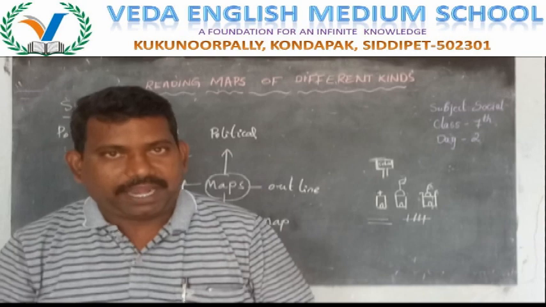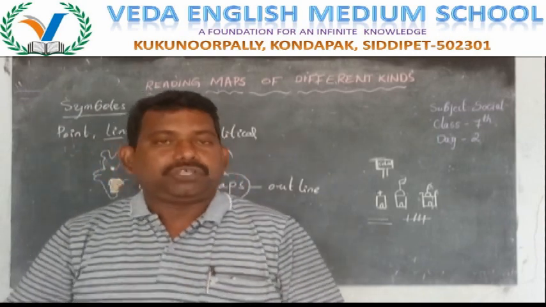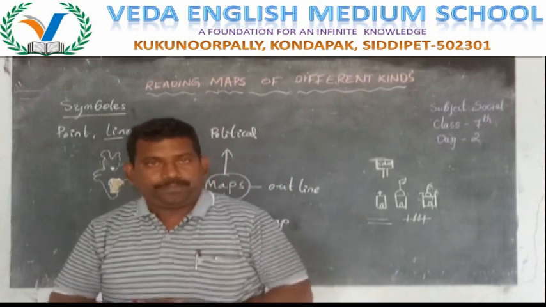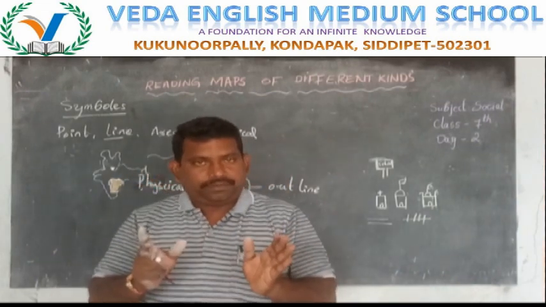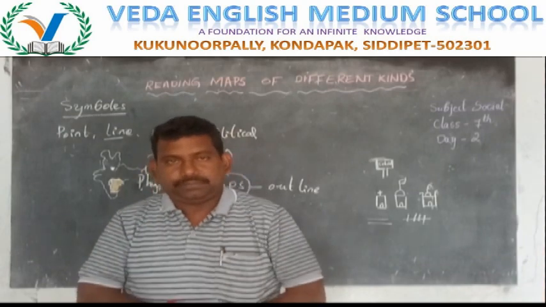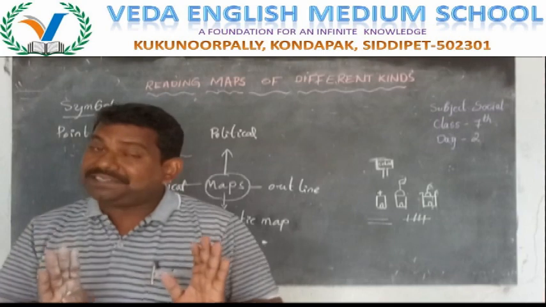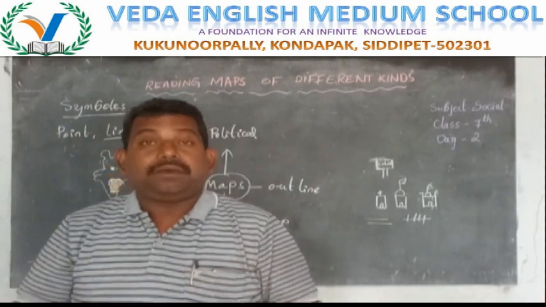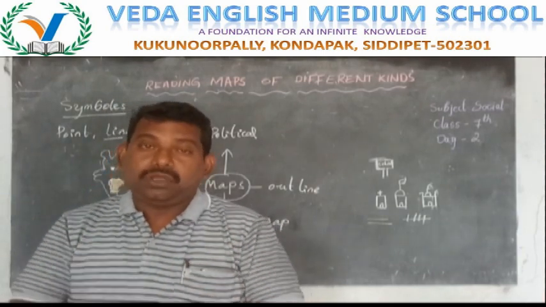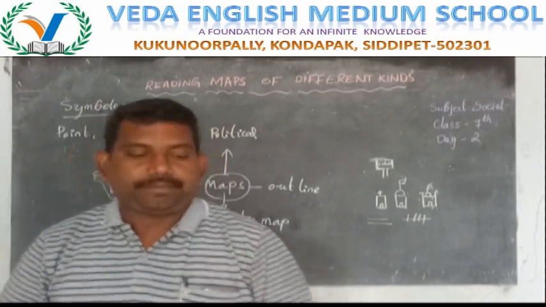Yes, children, do you understand the difference between the picture and the map? So once again, listen carefully. In a picture, all the things cannot be visible. All the places cannot be visible. But whereas a map shows everything without hiding.